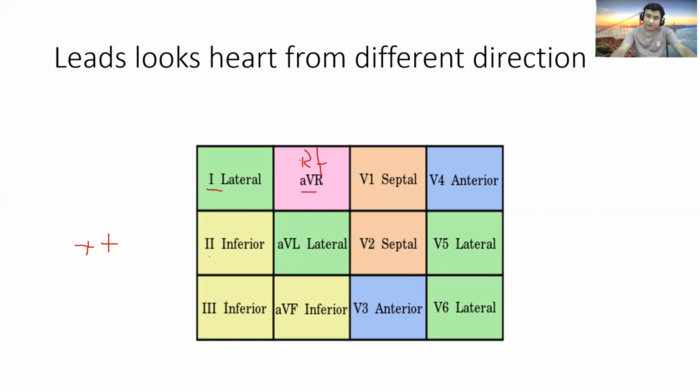And for the chest electrodes, V1 and V2 look at the septum of the heart, V3 and V4 look at the anterior aspect of the heart, and V5 and V6 the lateral aspect of the heart. So if there is any problem in the septum, we see the changes in V1 and V2. If there is a problem in V3 and V4, then we can say there is a problem in the anterior wall. If there is a problem in V5 and V6, we can say the problem is at the level of the lateral surface of the heart.